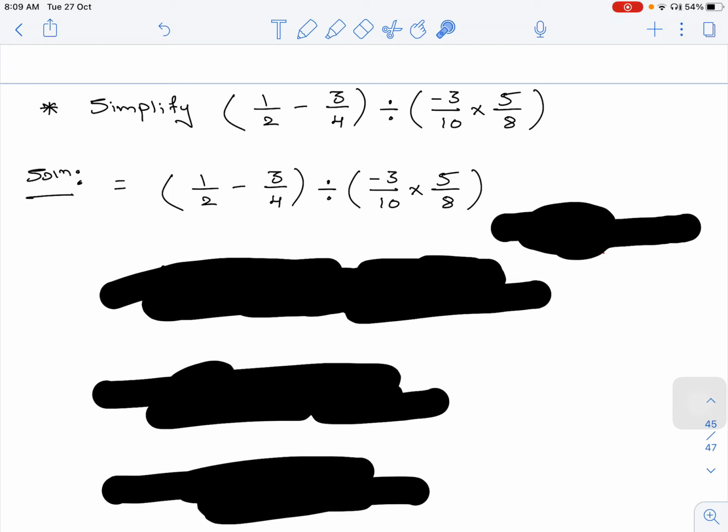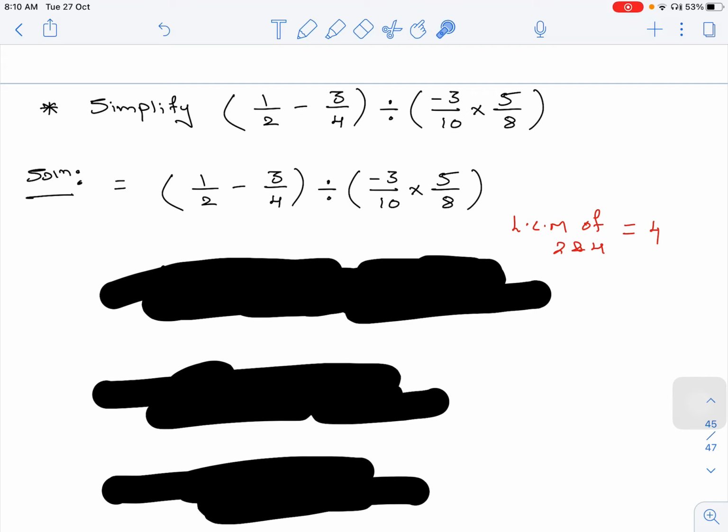Remember that here between these two numbers there is a minus sign. We have learned that if a plus or minus sign is present between any two rational numbers and you want to solve further, first we have to make the denominators same. For that we have to find their LCM. So what is the LCM of 2 and 4? The LCM of 2 and 4 is 4.